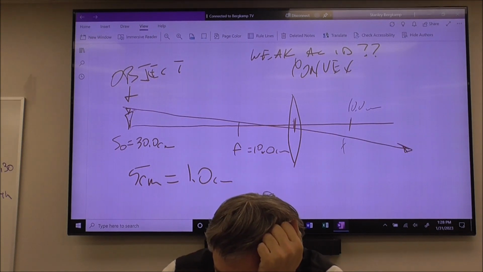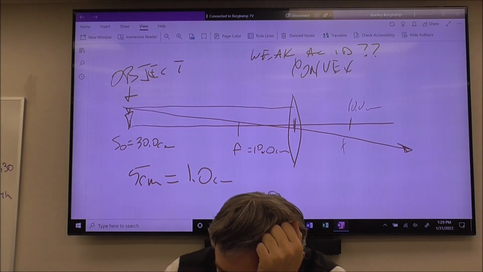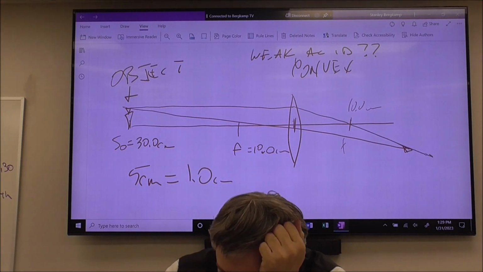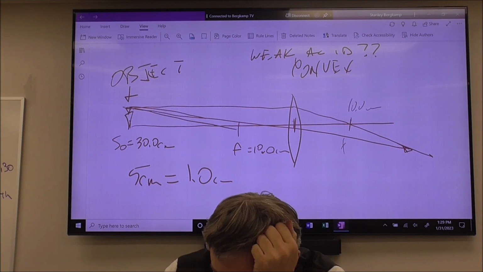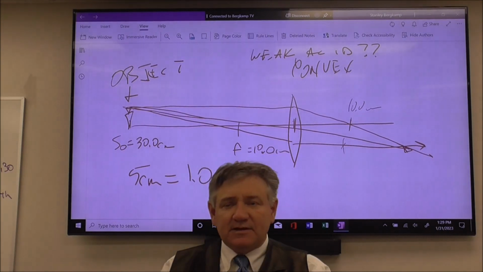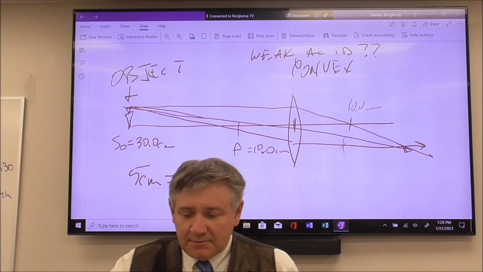Then one that goes parallel with that axis, and then it's going to try and go through that focal length over there. And then one that goes through this focal length, hits that lens, and goes something like this. Now, that's a horrible drawing, but you get the idea.